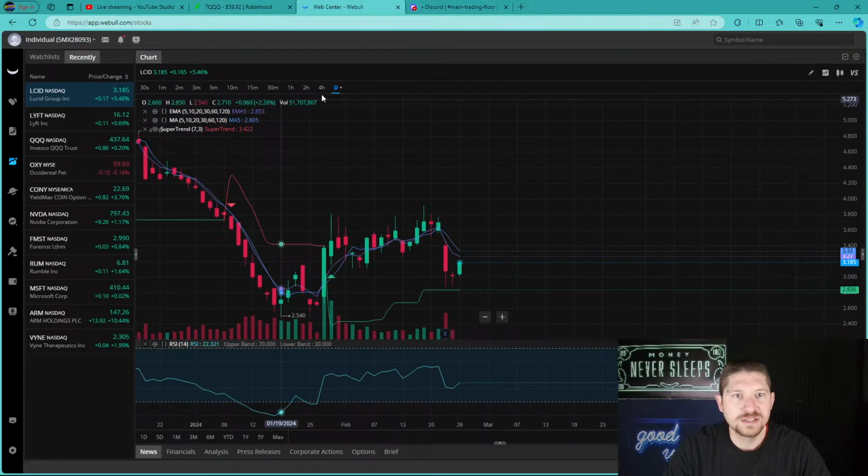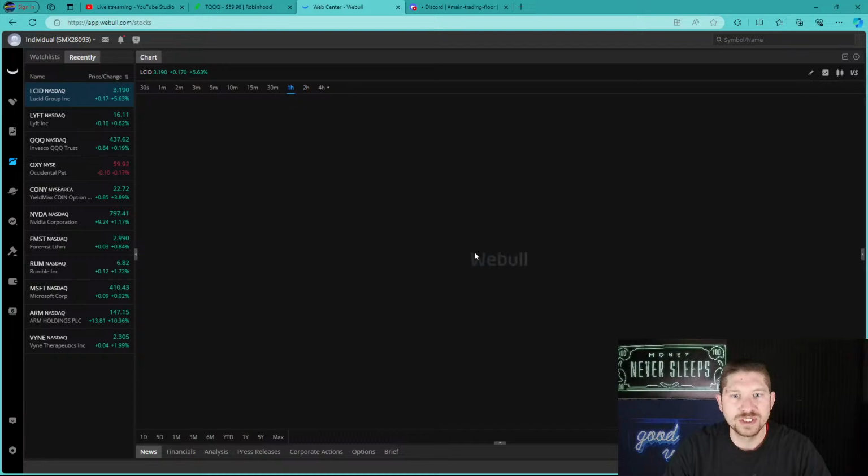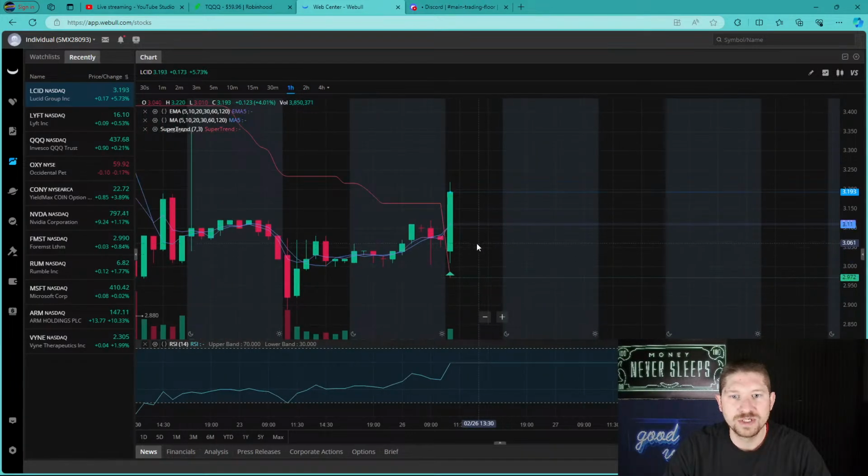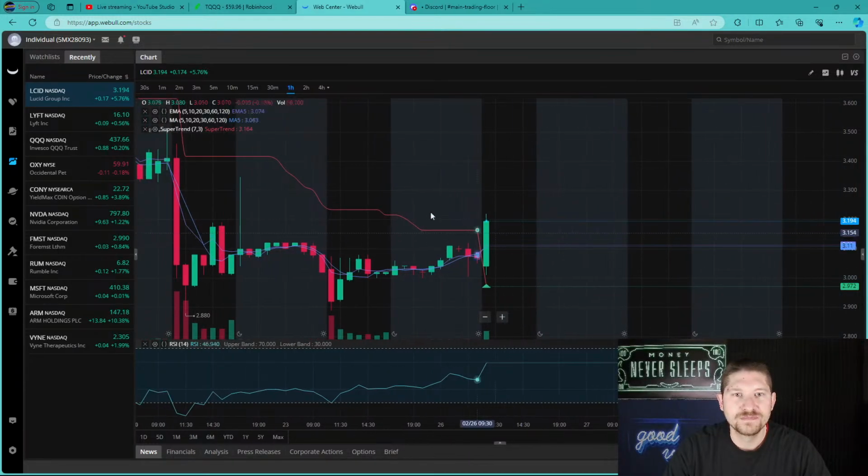Yeah, look at that daily, 4 hour. It's got a huge candle this morning, guys. Huge candle this morning. LCID, a sign of an uptrend. It's at 31.95 right now. That's awesome.